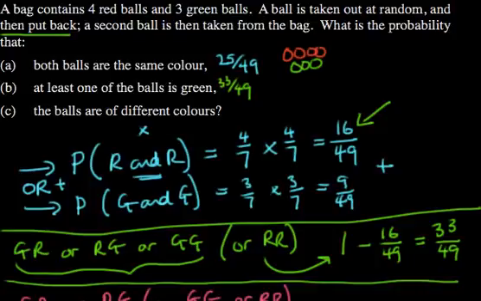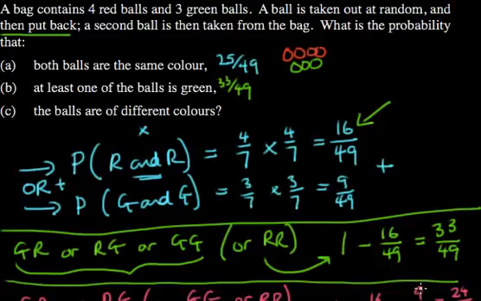And I'm going to use the same trick. I will do all the probabilities and minus these 2, which I know are these 2. So that's 16 out of 49 and 9 out of 49. And if I took both of them away, then this would give me 24 out of 49.